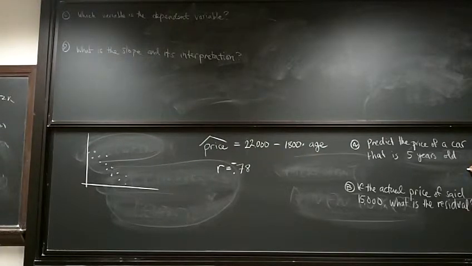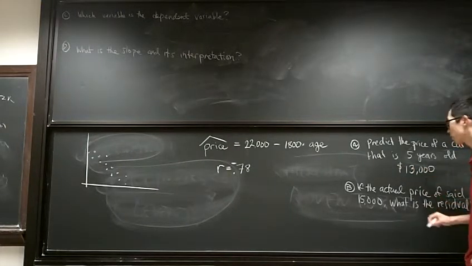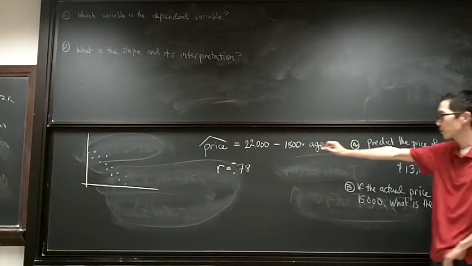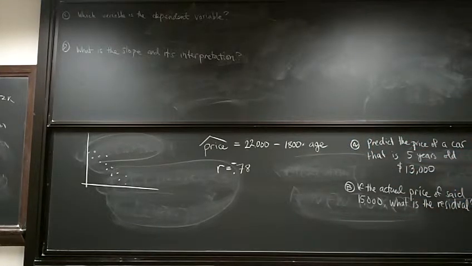Hey, what's our answer here? 13,000. 13,000, right? I did change that first number to 22,000, so if you had the old number there, you might have changed your answer.